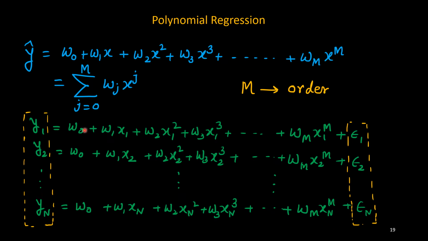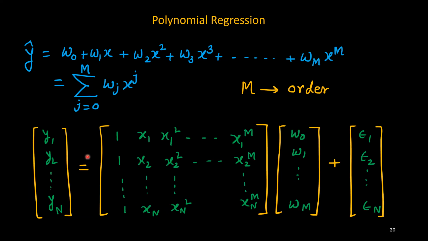You see, everywhere the coefficients are constant, w0, w1, w2, like that everywhere. Only these things x1, x1 squared change. So in the first row all the polynomials are with respect to x1, the second row all the polynomials with respect to x2 only, like that. So this is a beautiful symmetry that we can exploit.